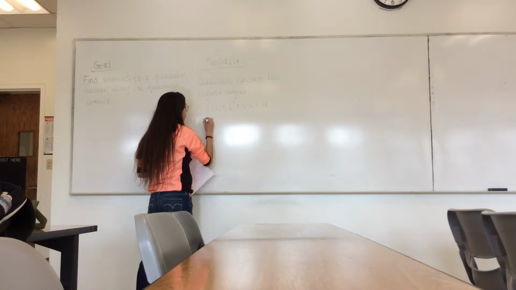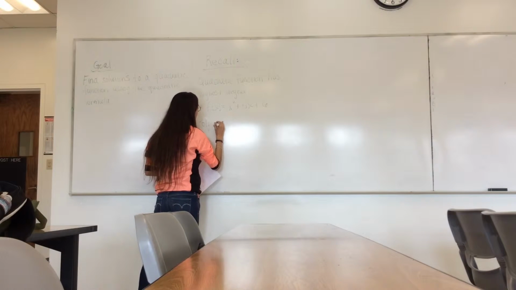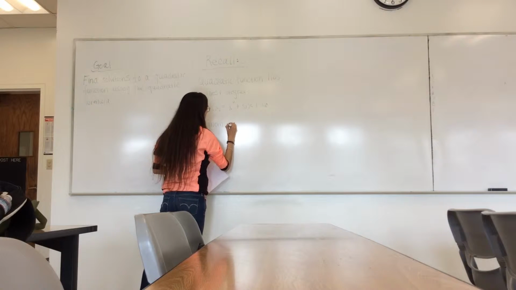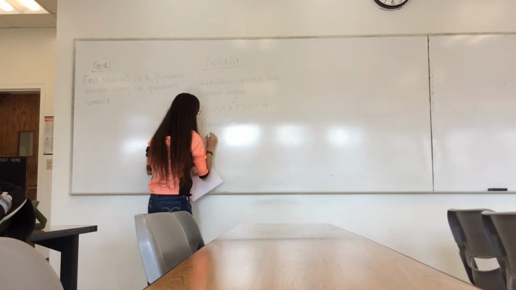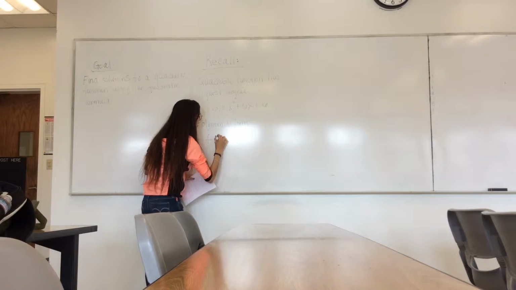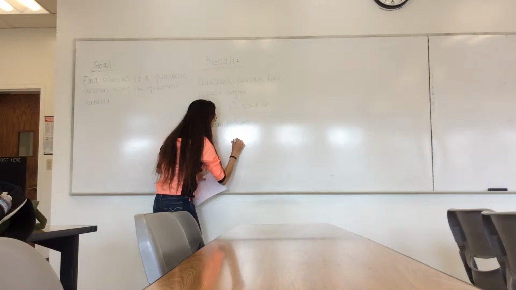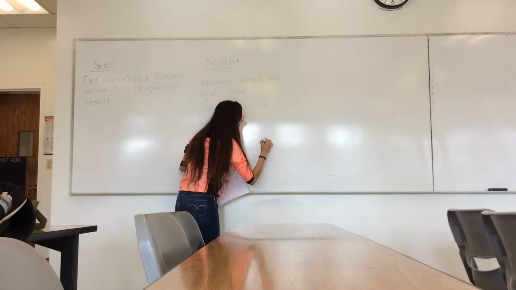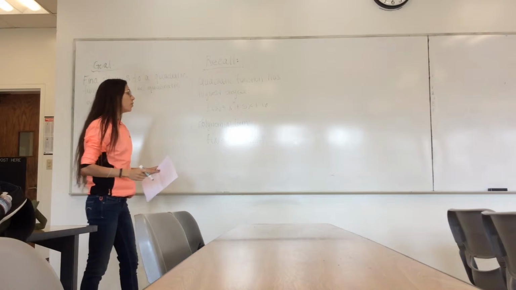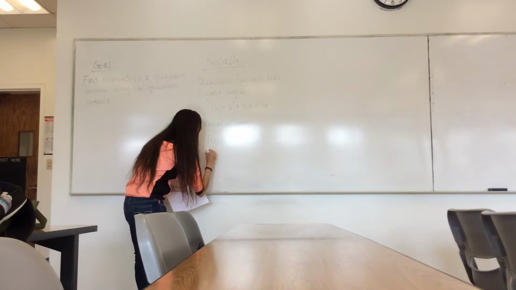Okay, let's recall another thing. A quadratic function in polynomial form looks like this: f(x) = ax^2 + bx + c, where a, b, and c are going to be real numbers.